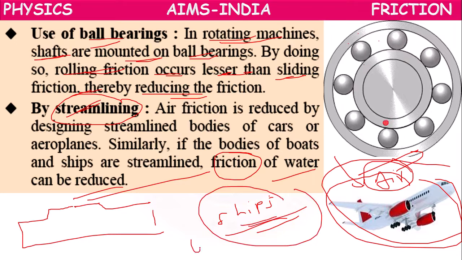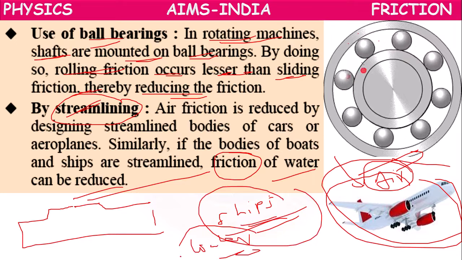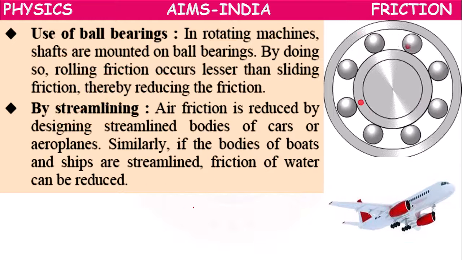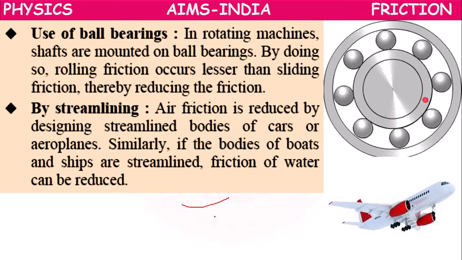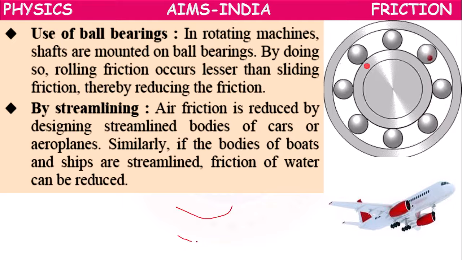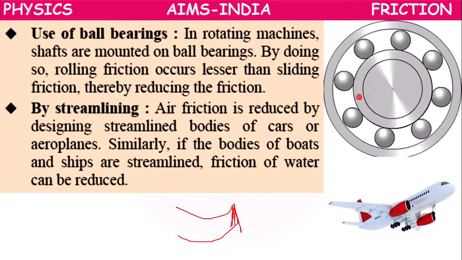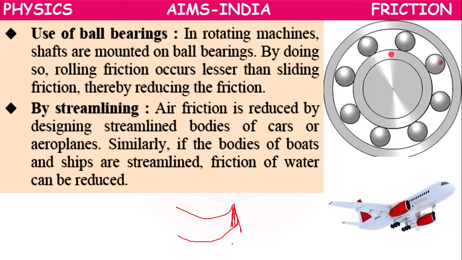For the ships also, when they are moving in water, to reduce the friction by water, their shape is specially designed. The front part will be somewhat sharp so that it can easily penetrate through the water.